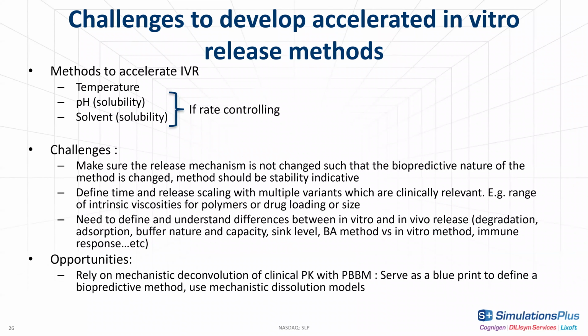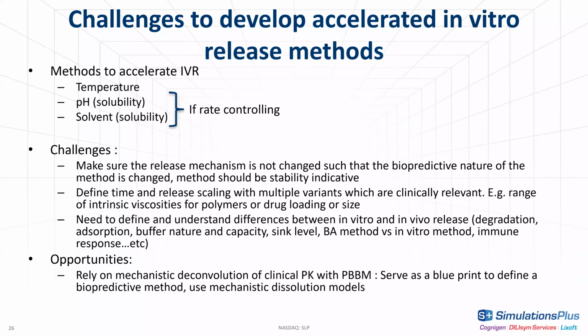The other factors you can play on: if you have a pH-dependent solubility for your drug, or if you can use a solvent. If the rate controlling the mechanism of release is the solubility of your drug, then pH and solvent would be another way to accelerate the in vitro release method.